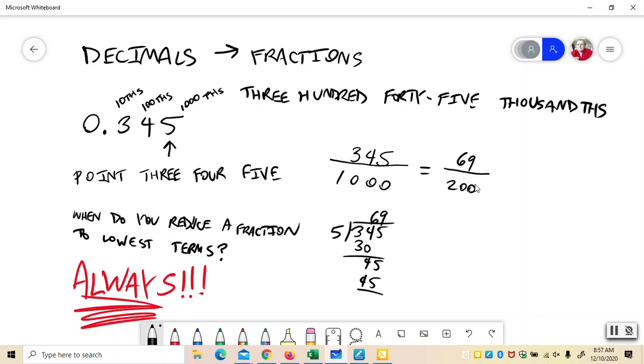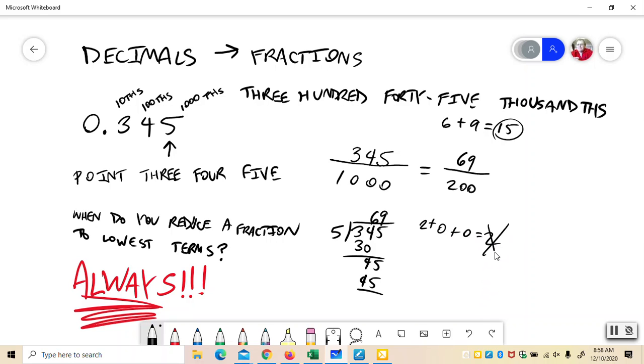It can be divided by 3, because if you add the digits, that's how you find out divisibility by 3. 6 plus 9 equals 15. So 3 will go into it. However, 3 will not go into 200. 2 plus 0 plus 0. Not that you need me to show you this, because it's kind of obvious.